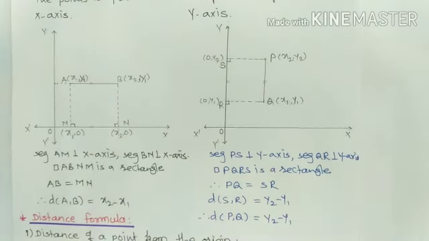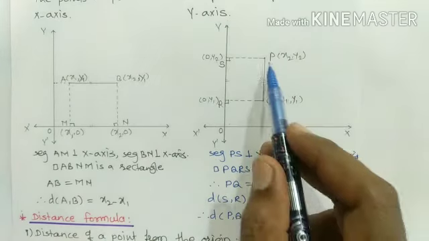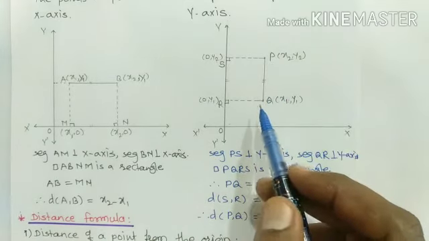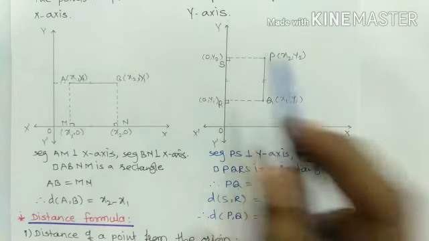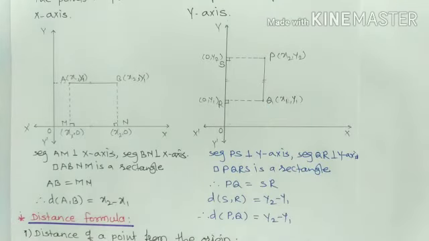In this way we can find the distance between two points if the segment joining these two points is parallel to the y-axis, which equals y2 minus y1.